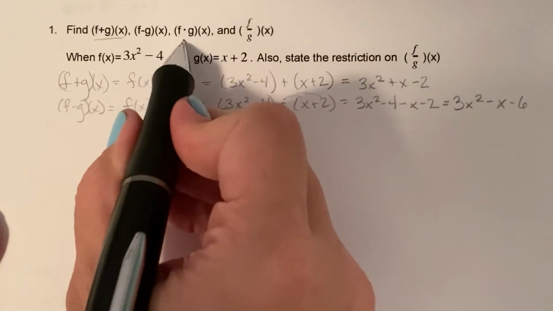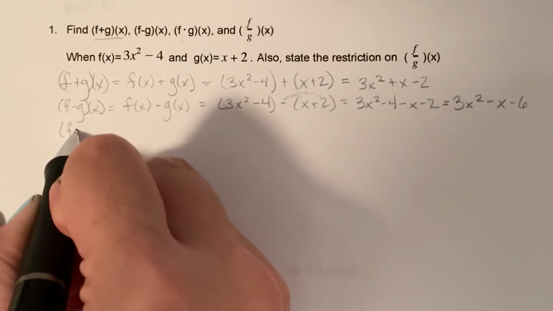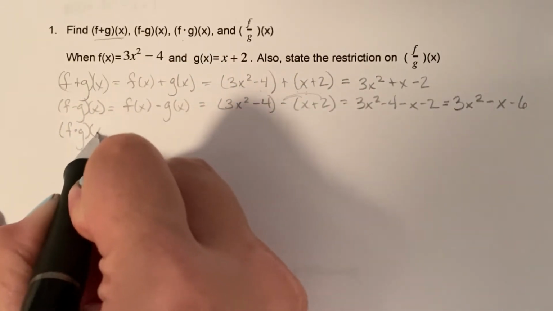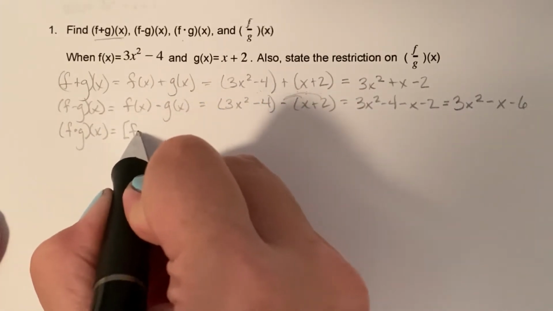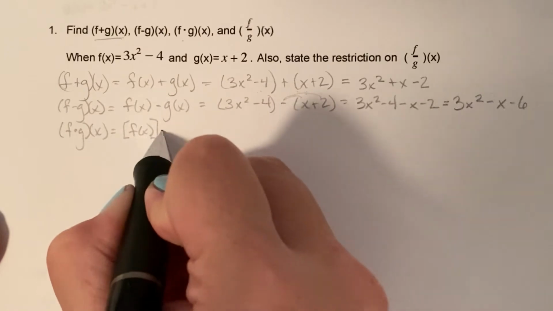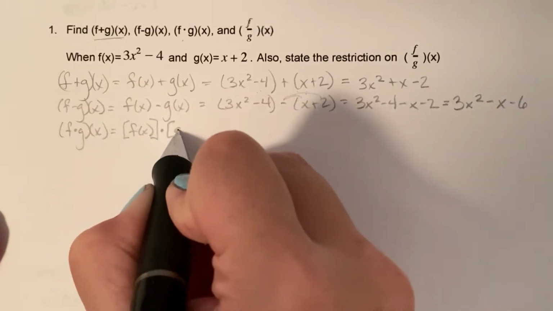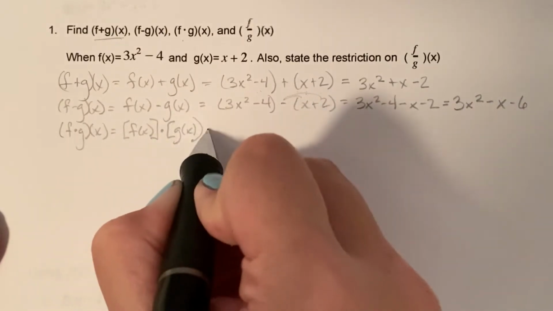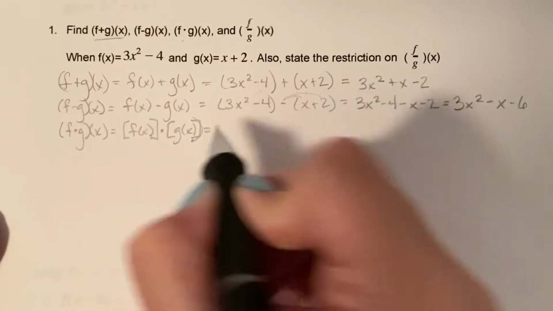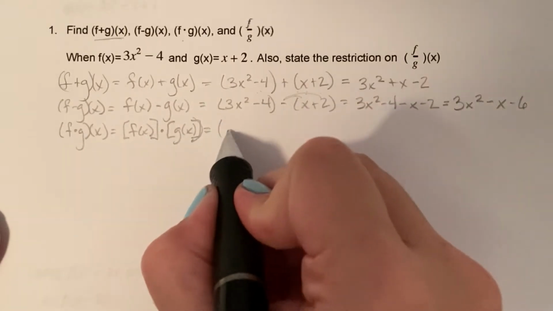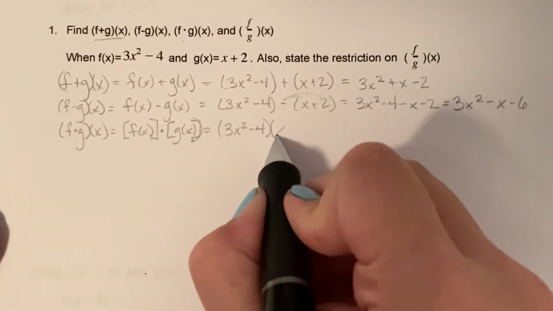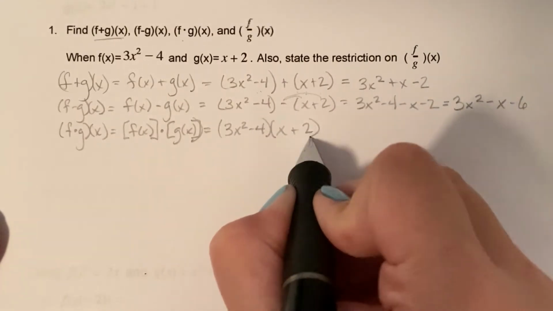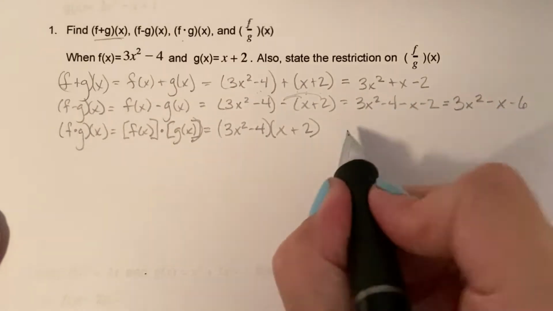Okay, now for f times g. So this is f of x times g of x. For that, 3x squared minus 4 times x plus 2. And now we FOIL.